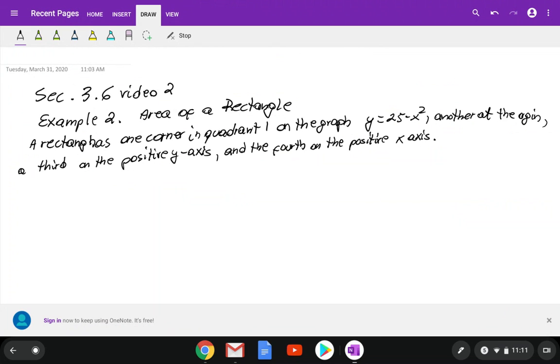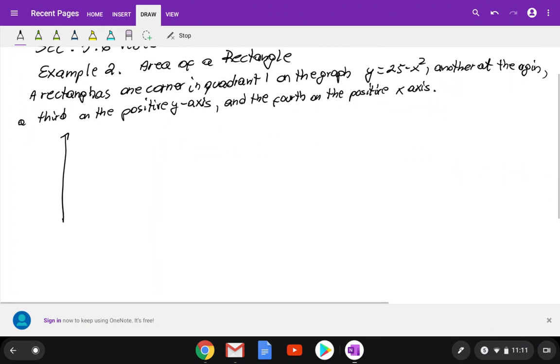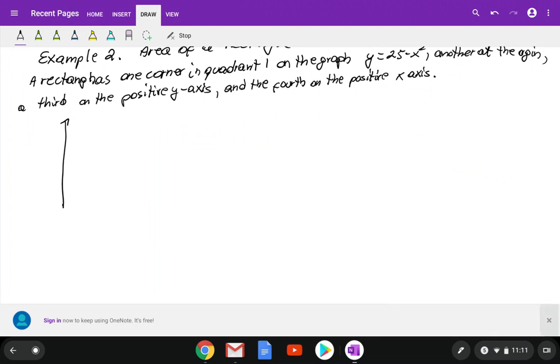So with this problem, we actually have a nice graph. You have that on the PowerPoint. Let me show you the graph. So we have y, x, and the graph goes by 10.